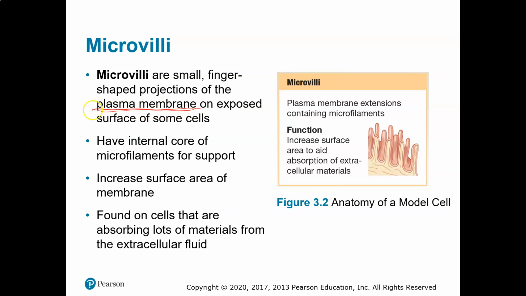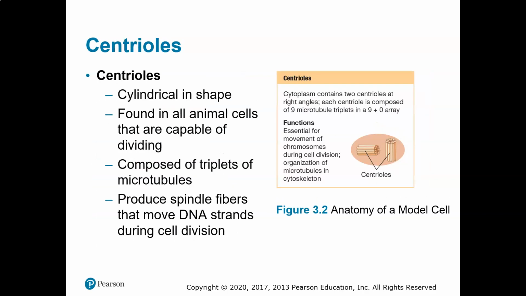And they have microfilaments inside them, but their purpose is to increase the surface of the membrane. Cells like the cells lining your intestines, which are absorbing nutrients from the food that you digest, are able to absorb a lot more nutrients with these microvilli.